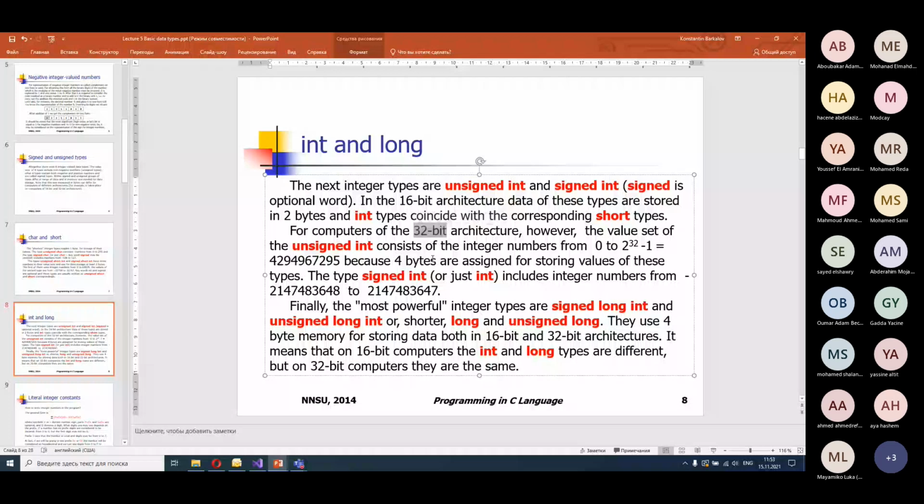I compute this number. This is the largest number that can be represented in the int type.